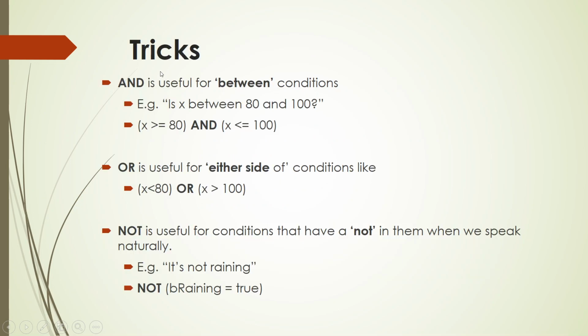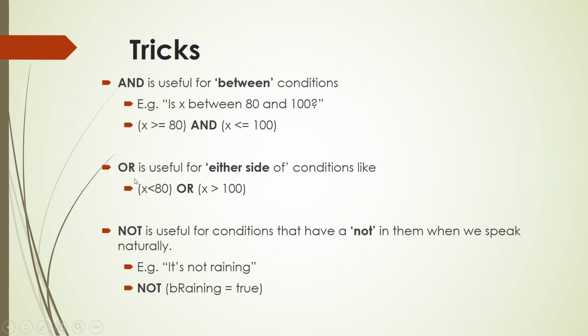Some tricks using AND, OR, and NOT. The AND operator is useful for between conditions. Example, is x greater than or equal to 80, and is x less than or equal to 100?